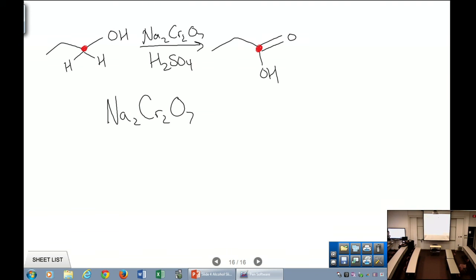Now, to do a better job of writing this reagent, Na2Cr2O7, pass this over that arrow if it's a little hard to see. Right? That doesn't actually do anything. Doesn't do the oxidation. What happens is when you mix this with sulfuric acid, you will make, so I'll draw this consistently here. Sorry.